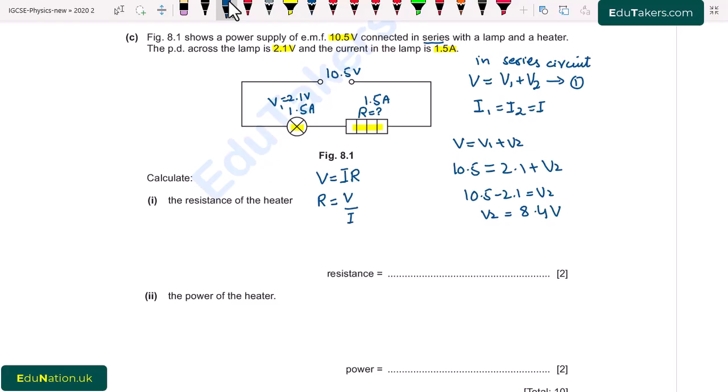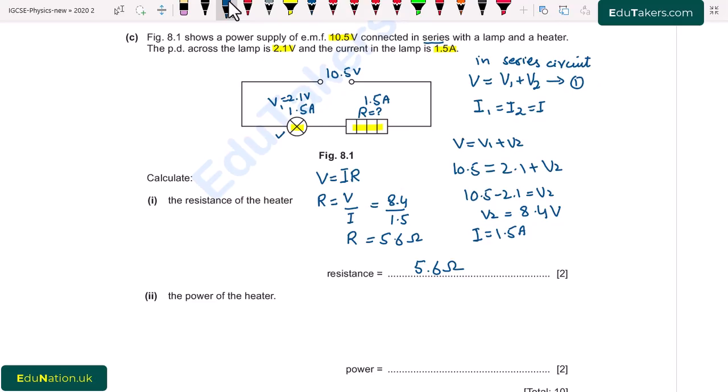So the potential difference we already calculated and the current is also known. It means that current here will be equal to 1.5 ampere. Putting the values in this formula, it comes to be 8.4 over 1.5, R comes to be 5.6 ohms. So the resistance of the heater comes to be 5.6 ohms.